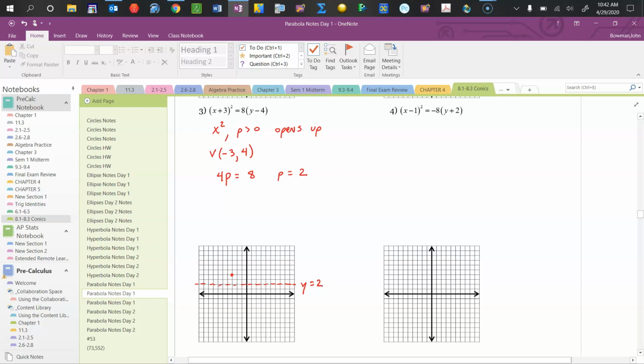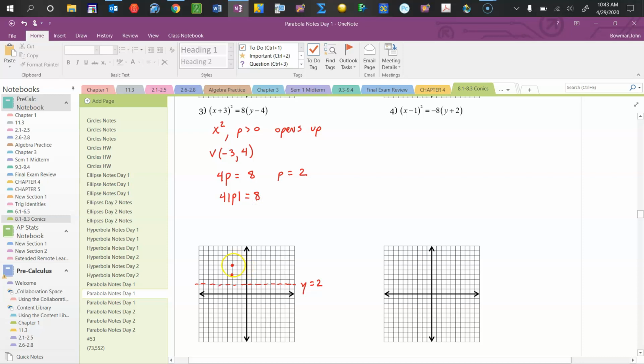I also know that my focal point is going to be above my vertex, 2 units in this case, so I'm going to graph my focal point. And I know that the focal width, 4 times the absolute value of p, is equal to 8.